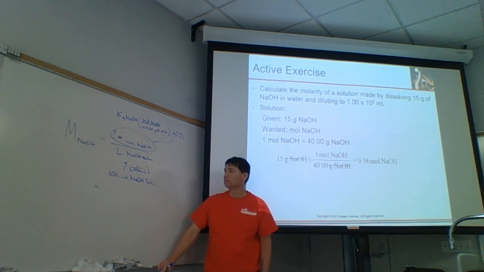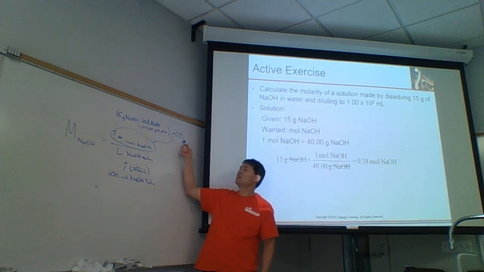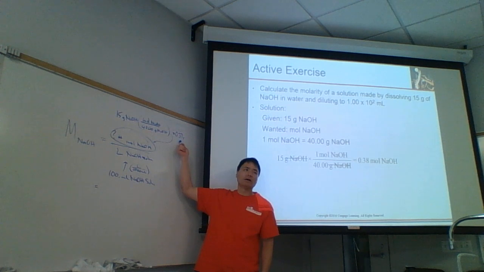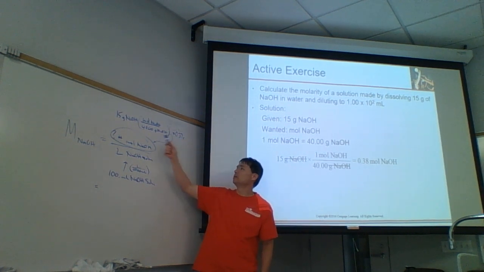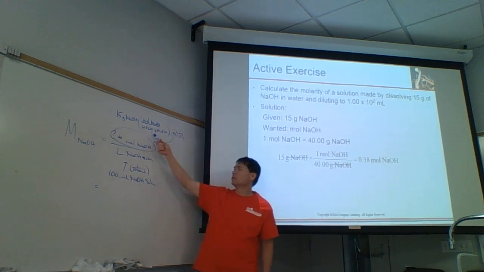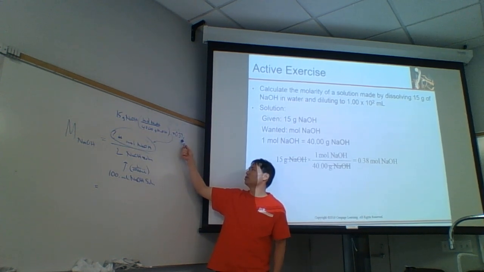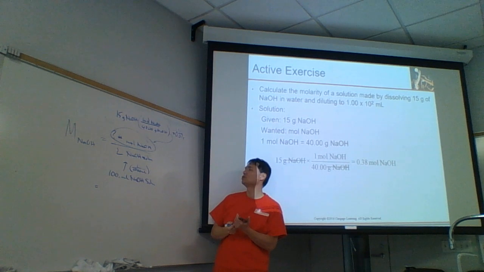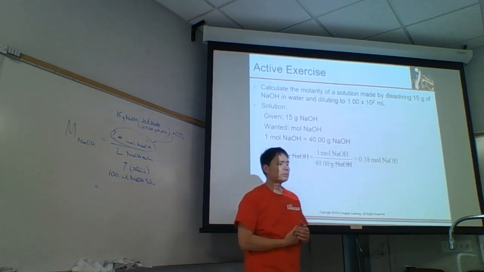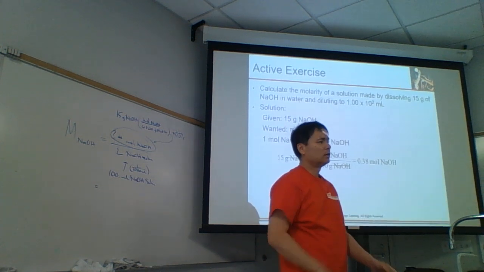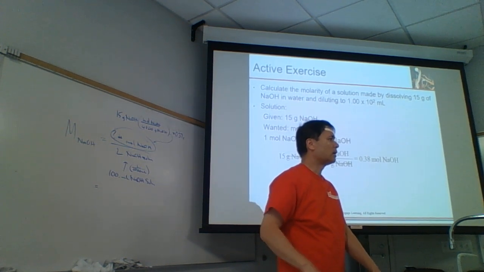How do you stop? Do you let it go infinitely? Is there a stopping point? Well, what we do is we always carry one digit more than what you're allowed. So, for example, during the math here, I'm allowed 2 because 15 has 2, 40.00 has 4. So I'm allowed 2 here. If I'm allowed 2, I carry 1 extra. That's going to be the best compromise between speed and accuracy.